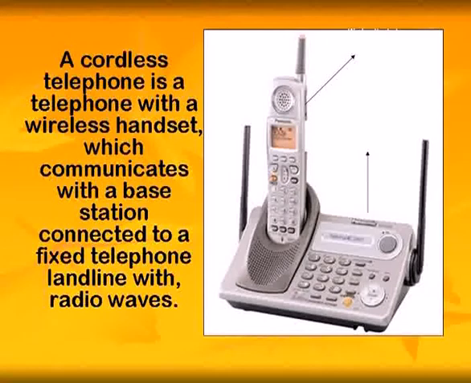A cordless telephone is a telephone with a wireless handset which communicates with a base station connected to a fixed telephone landline. It is a wireless phone because its handset is connected to its base station with radio waves.